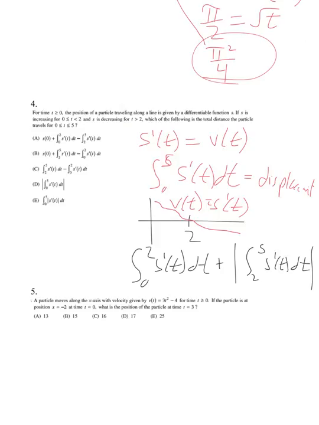Absolute value. Oops. Because this part is already positive, no problem, no difference between distance traveled and displacement here. But if I don't put the absolute value around this part, it's going to be negative, and this negative distance traveled is going to cancel out some of that positive distance traveled, and we don't want that. We just want the total distance traveled.